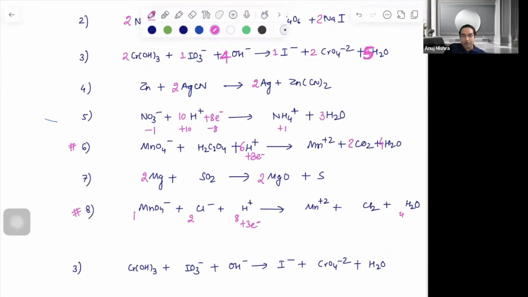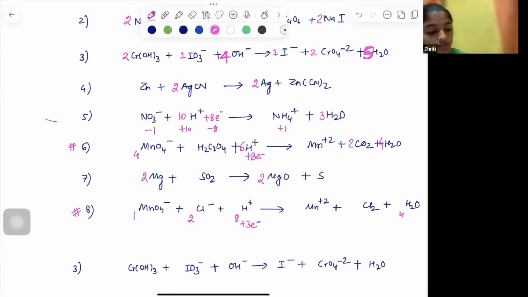Tarun, is it done? Any of these two? 6 and 8, the problem in both of the cases is we are adding electrons. Yes, Dhriti, you can tell me. There's a lot of noise outside. No problem, I can hear. Tell me, what should I write? Okay, sir. 4 MnO4 minus plus 12H plus 5H2C2O4 gives 4 Mn2 plus 6H2O plus 10 HCO3.